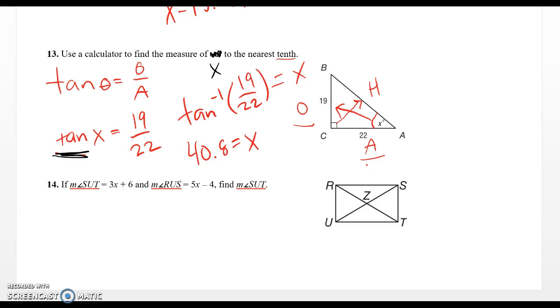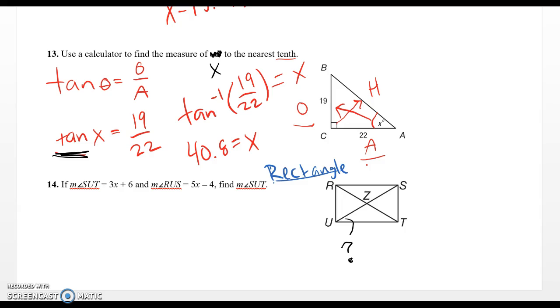But I went back and looked at the directions, and it says that this is a rectangle. So we'll use those properties for this guy. It wants us to find SUT. SUT is this guy right here. That's our question mark, that's what we're looking for.